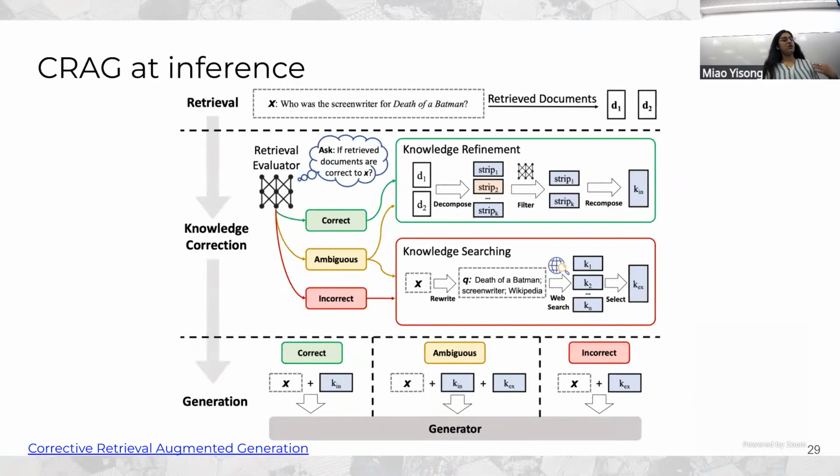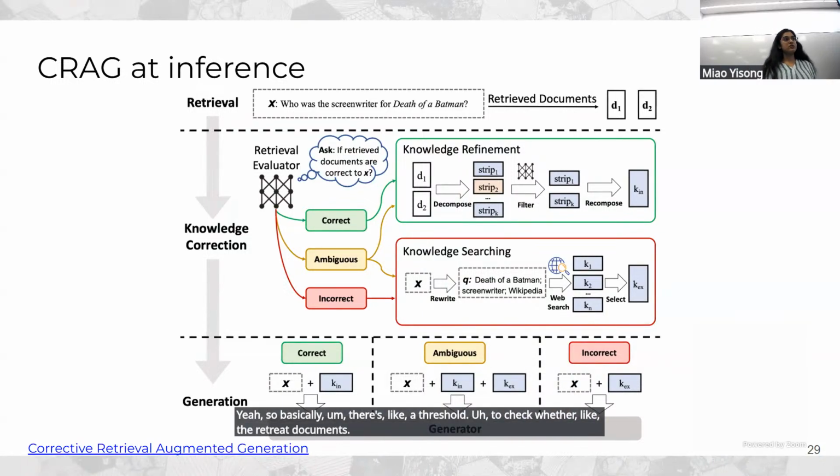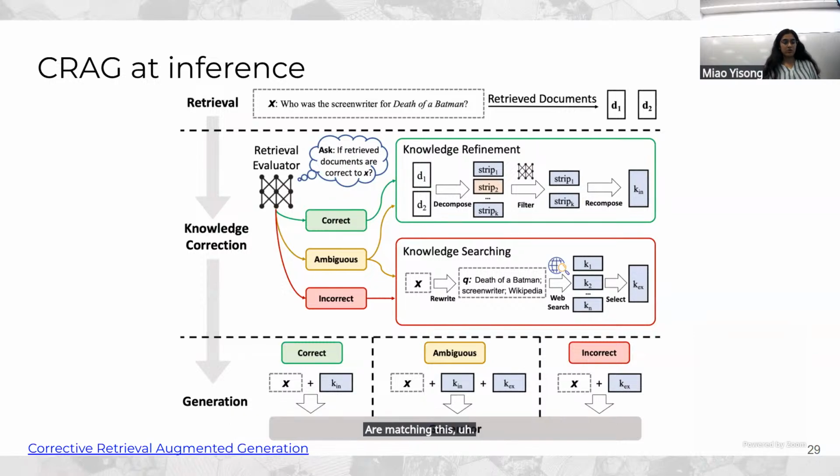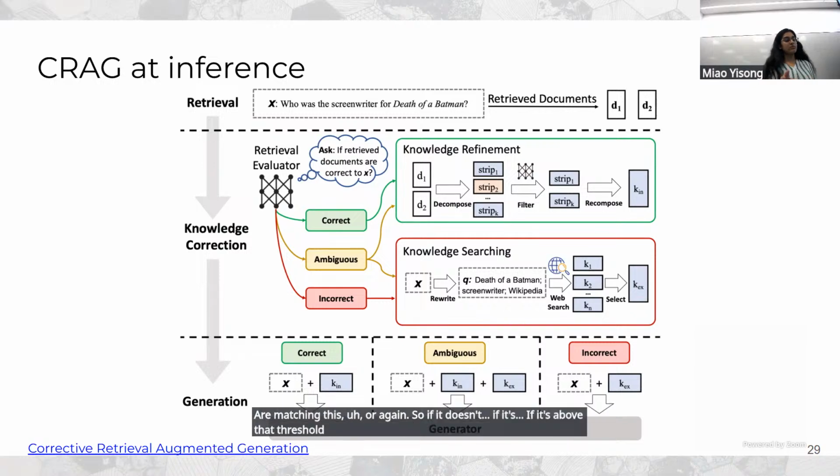There's a threshold to check whether the retrieved documents match the similarity scoring. If it's above that threshold, the retrieved documents are considered.